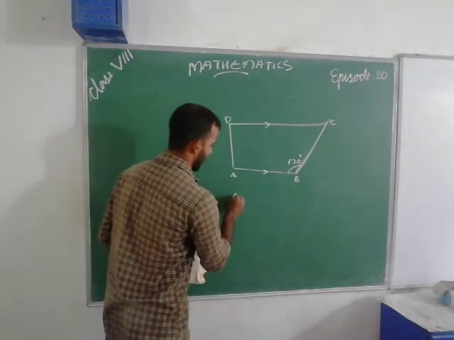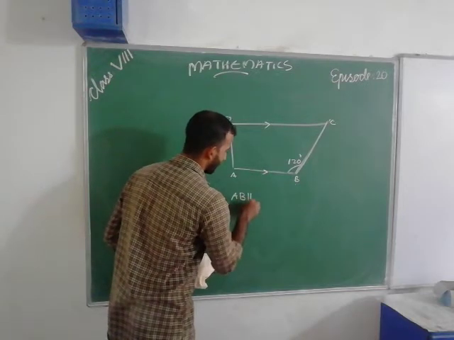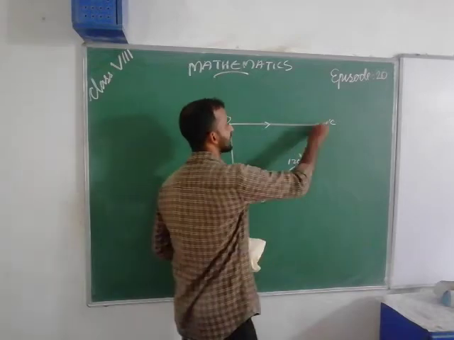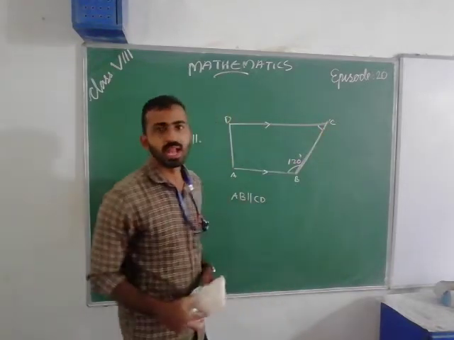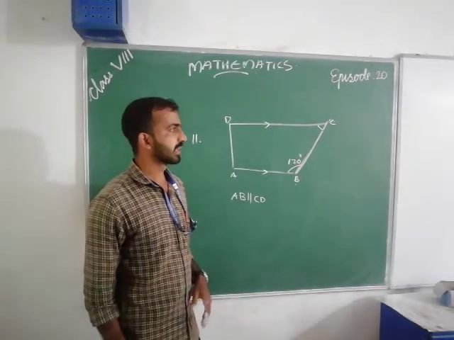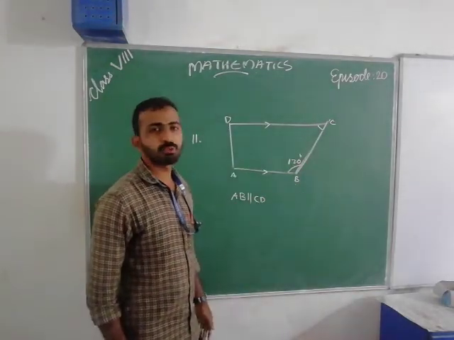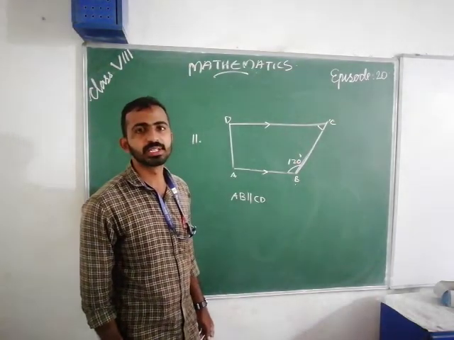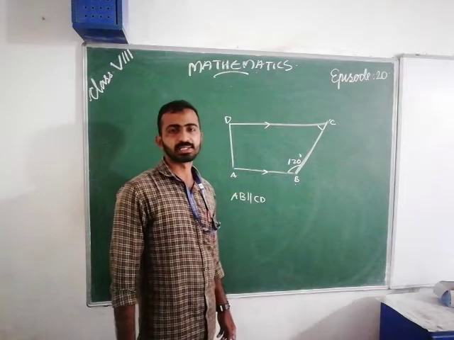AB is parallel to CD. We want to find the angle measurement C. Here we want to find the angle measurement.